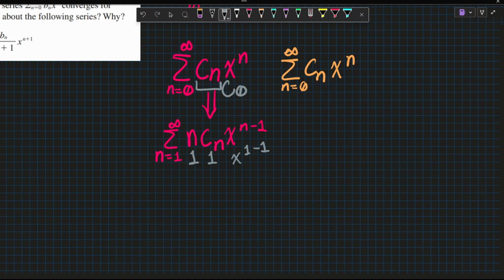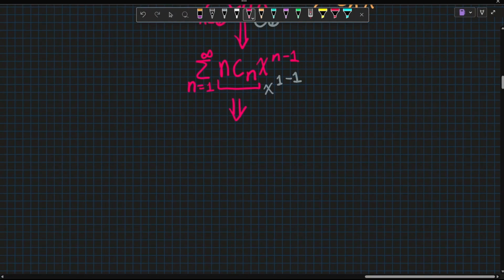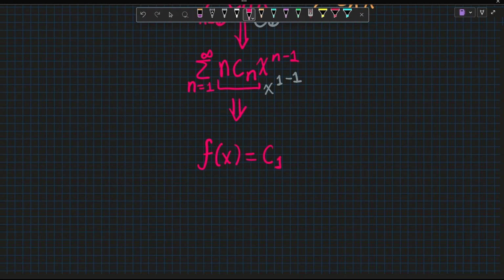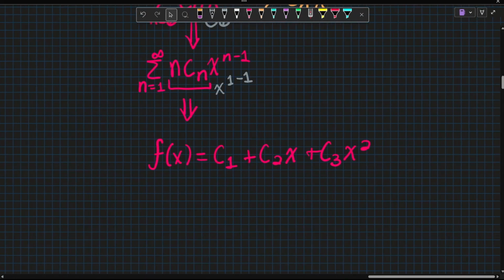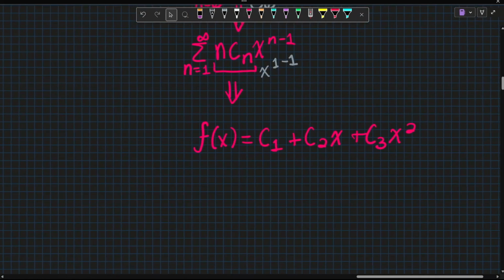Here you have the 0th coefficient, and then here you have the first coefficient, which makes sense because these model Taylor series or Maclaurin series. If you have f(x) equal to c_1 plus c_2 x plus c_3 x squared, right?